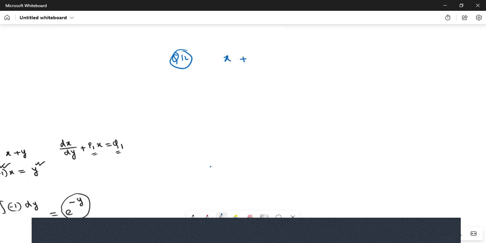Again, x plus 3y square, this dy dx is equal to y. Again, for this, you have to find a general solution.